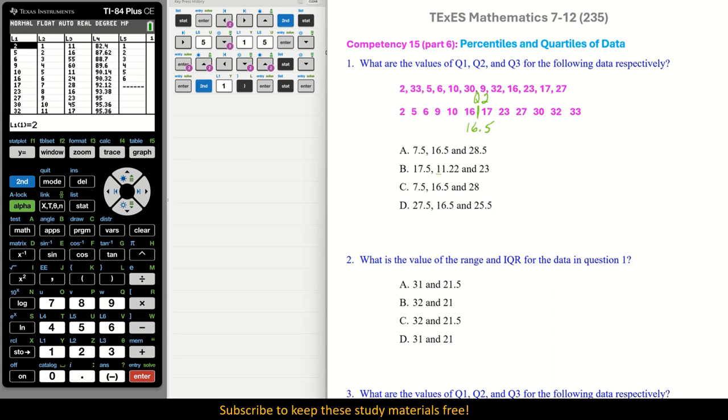So I can already see that this is not 16.5, so I get rid of B. But A, C, and D are, so they're fine right now. Okay, now on each side of our values, we have 6 numbers. So we need to go in the middle of each of those. So over here, this will be our Q1. Go to the other side, right in that center, and that will be our Q3.